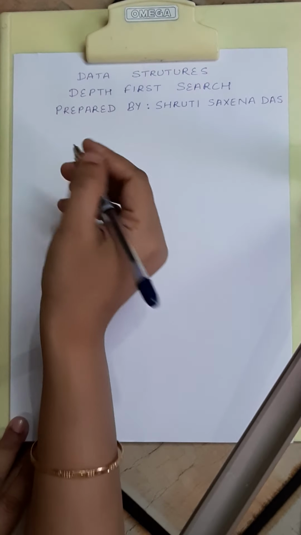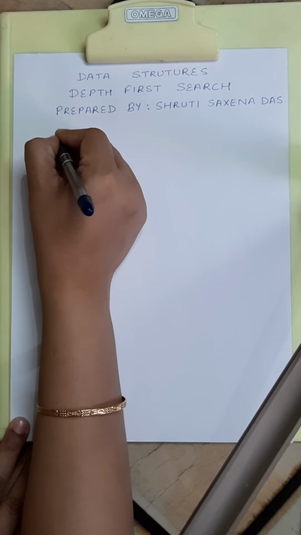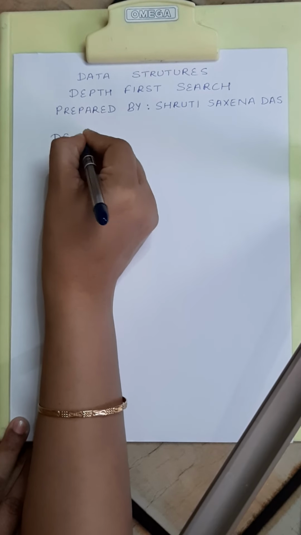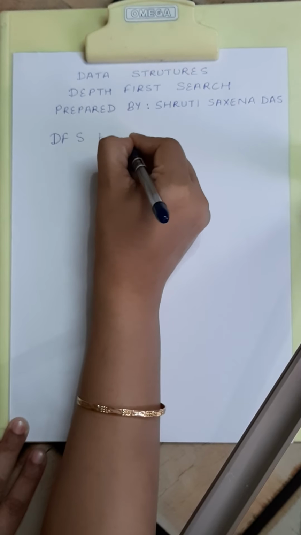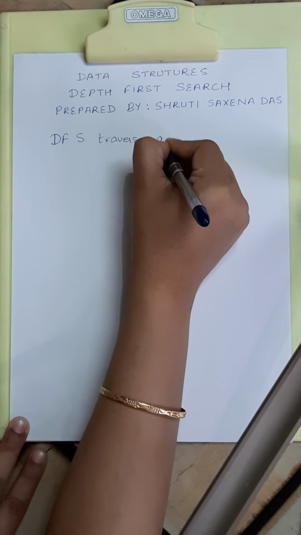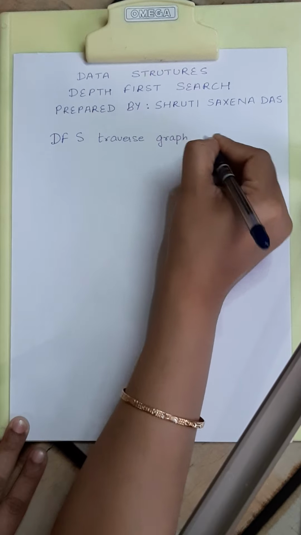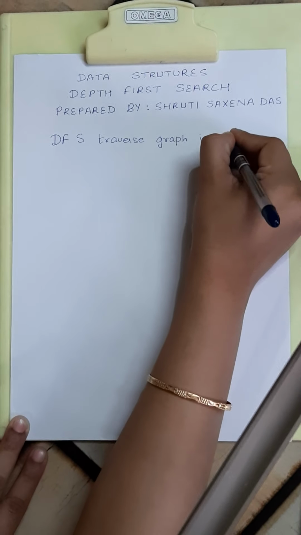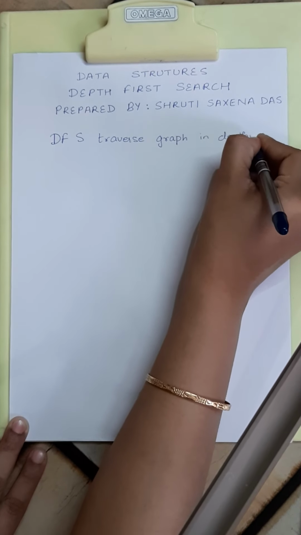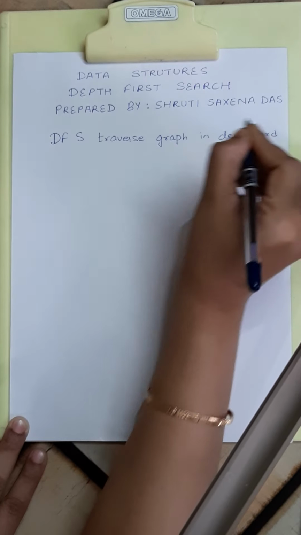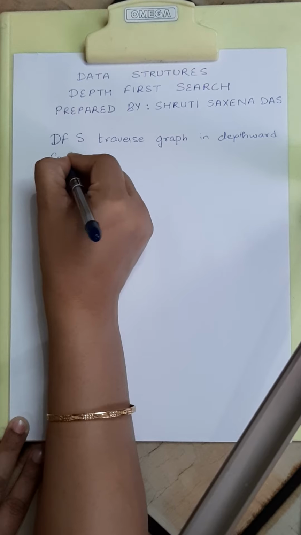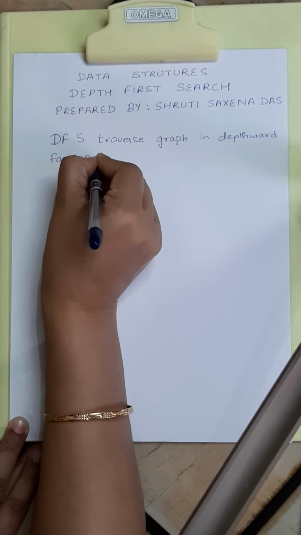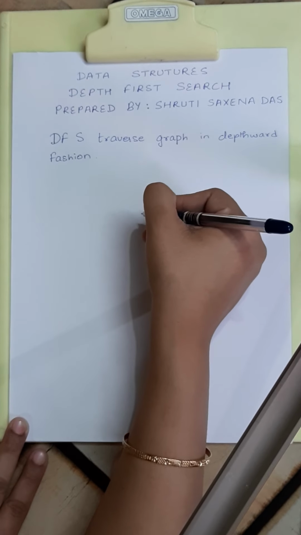So first of all, DFS traverses a graph in depthward fashion. Okay, so depth wise it is going to access nodes.